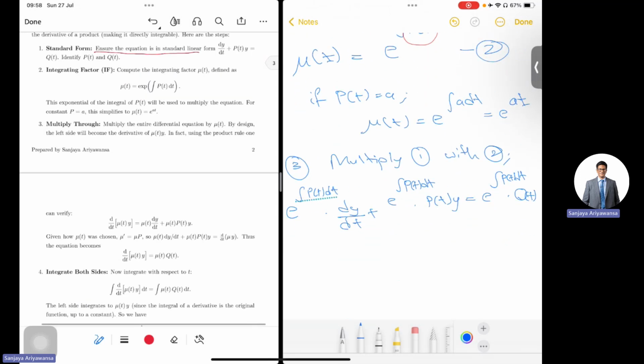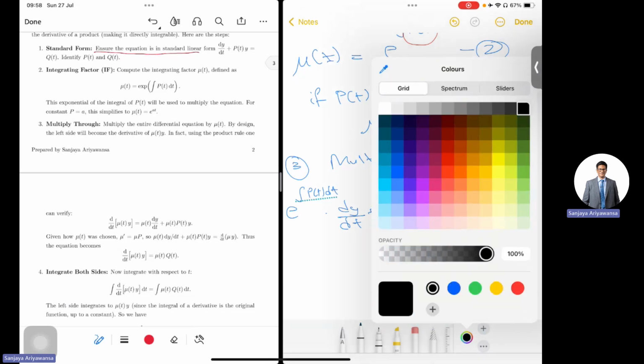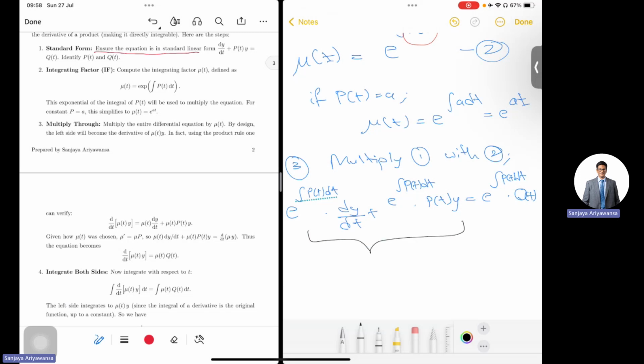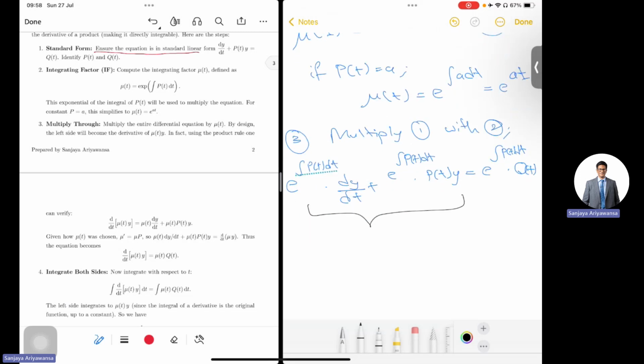So you write it down like this. And the beauty of this integrating factor is on the left hand side, this boils down very nicely to the integrating factor times the variable of interest, equals the right hand side, you just copy paste it. Now, why is that? That's critical to understand.